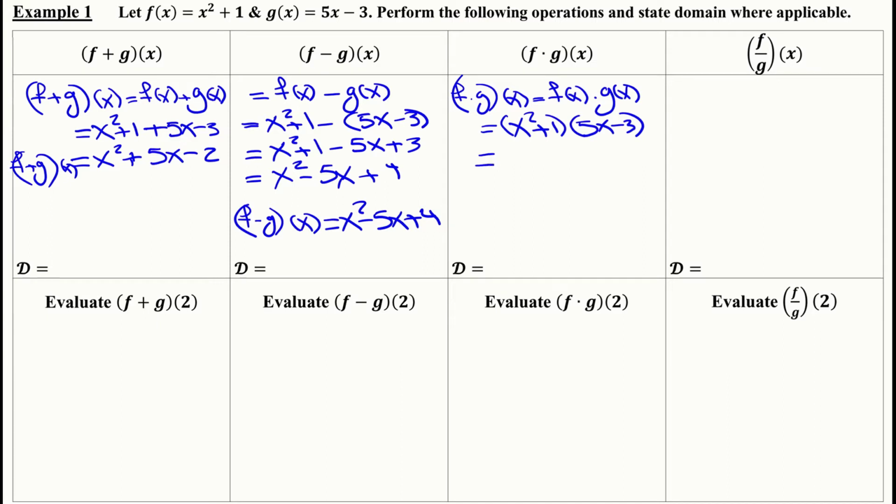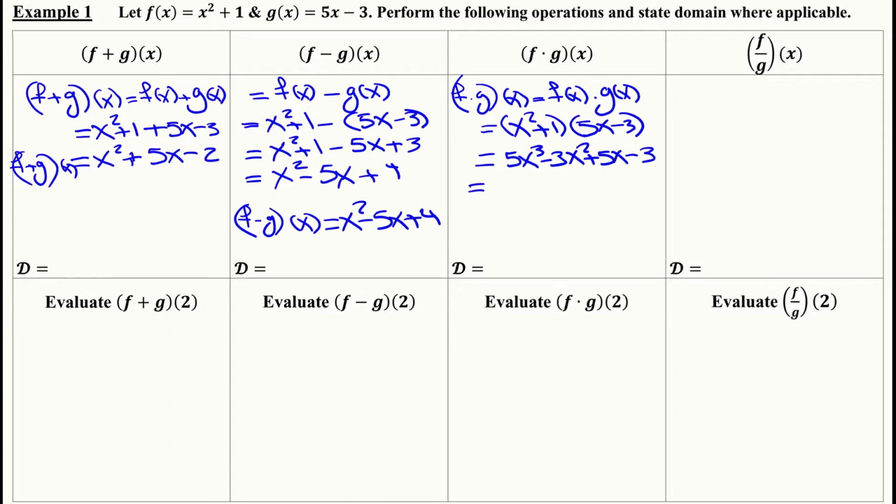So we get 5x cubed minus 3x squared. Now we're going to distribute the 1, so plus 5x, and then positive 1 times negative 3 gives us minus 3.